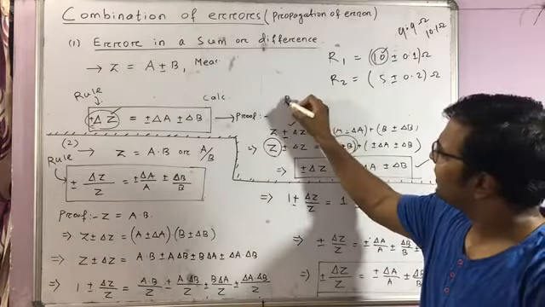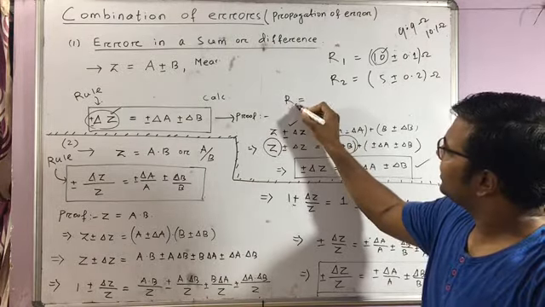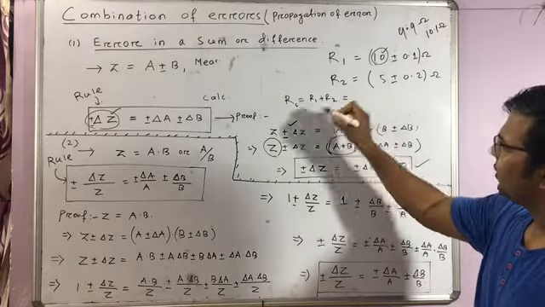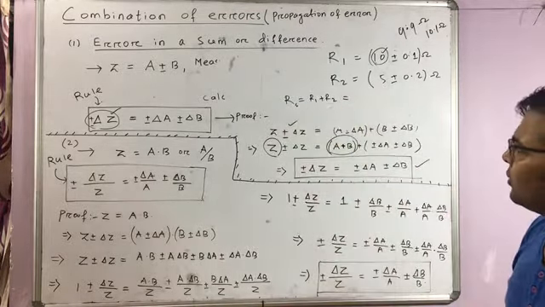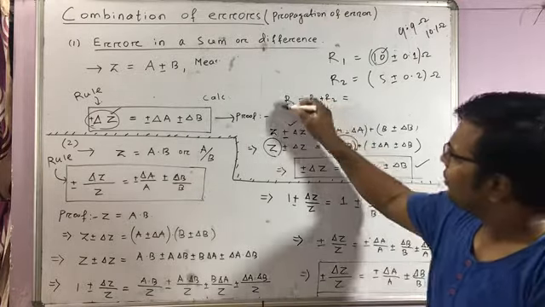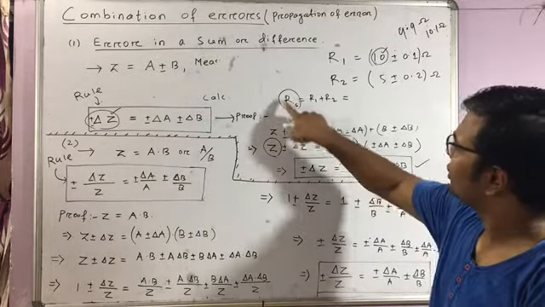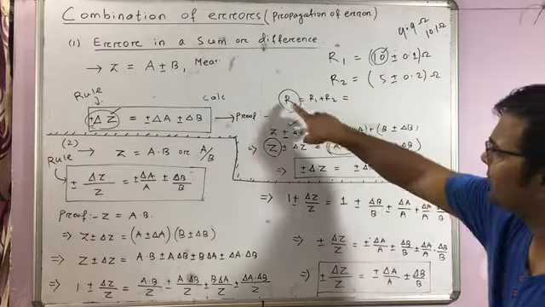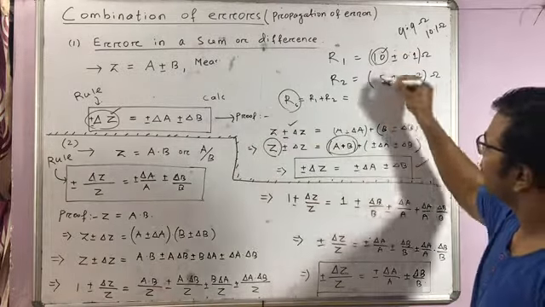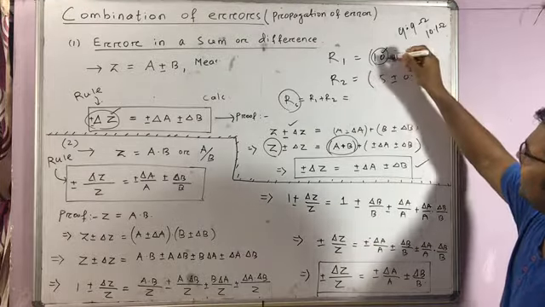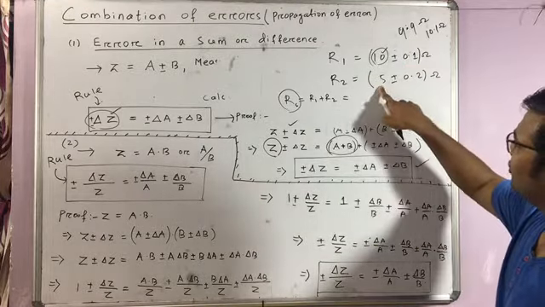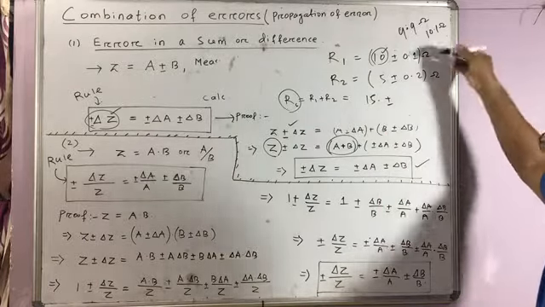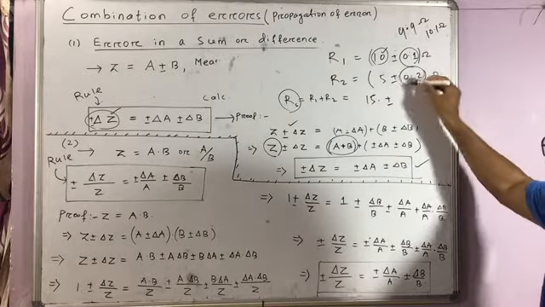We know the formula in series grouping. Your series resistance is equal to the sum of R1 plus R2. Now as we know Rs is equal to R1 plus R2, and we know the formula here, then if we calculate the total error, the true values will be added: 10 plus 5, 15, plus or minus, see the error here it is 0.1 and here it is 0.2.